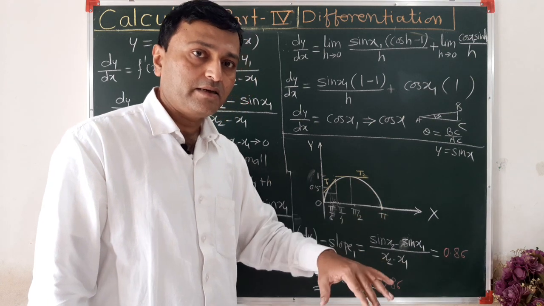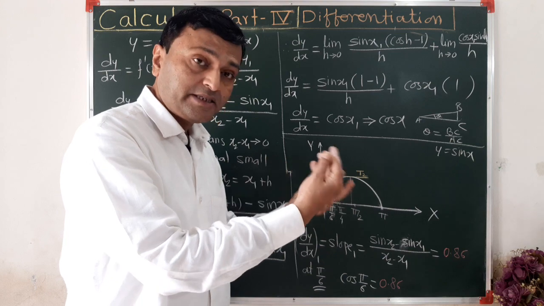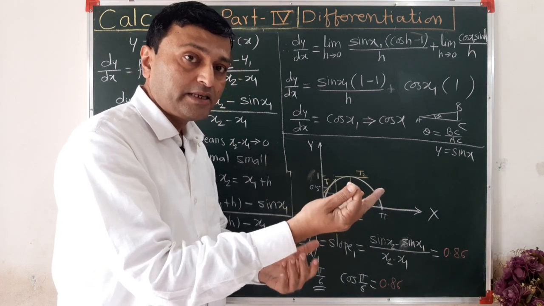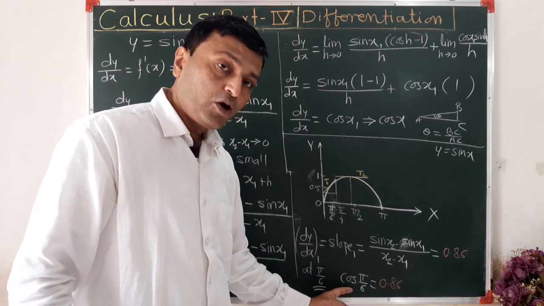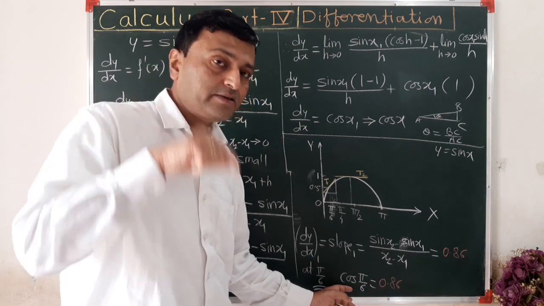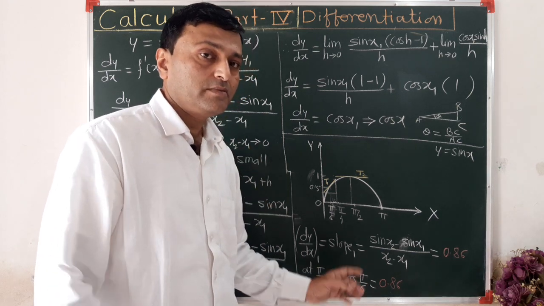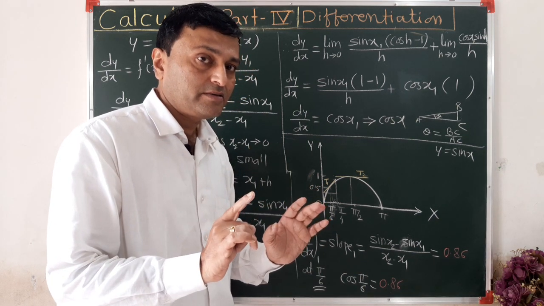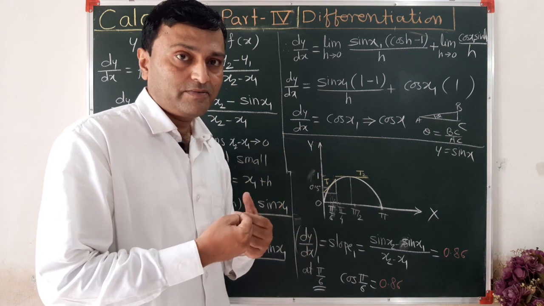That's why you can say the rate of change of sine x with respect to x is exactly equal to cos of that x where you have drawn the slope. This is the physical significance. This is the actual meaning of derivative.